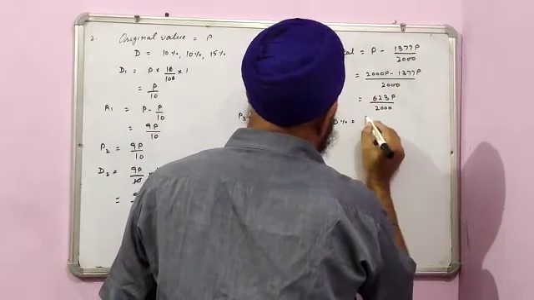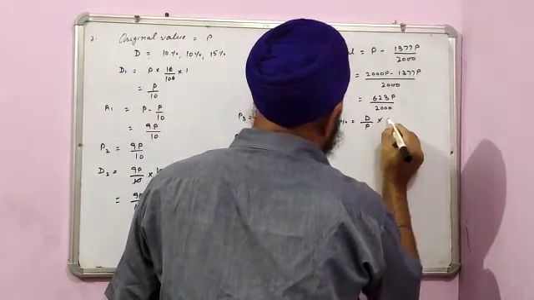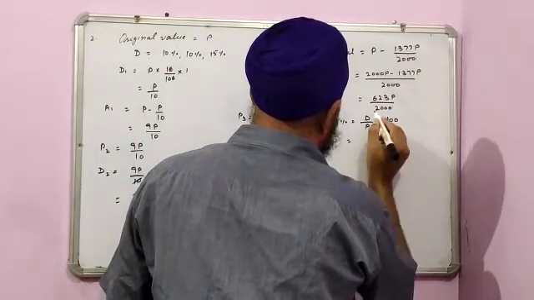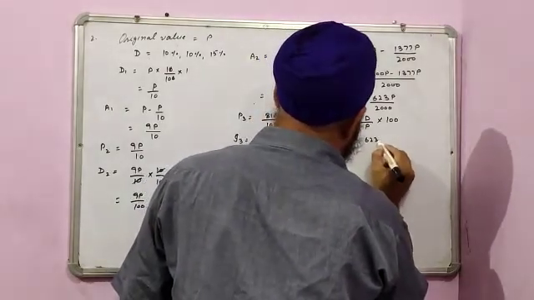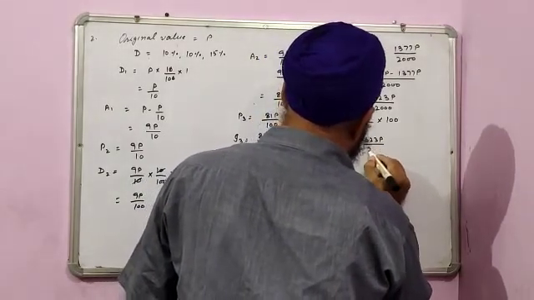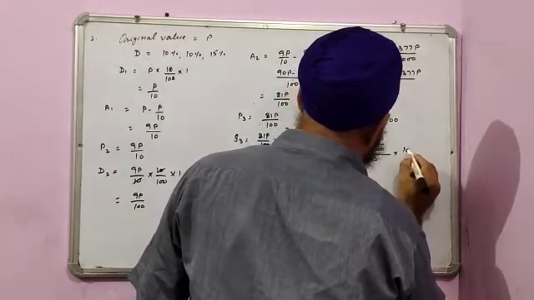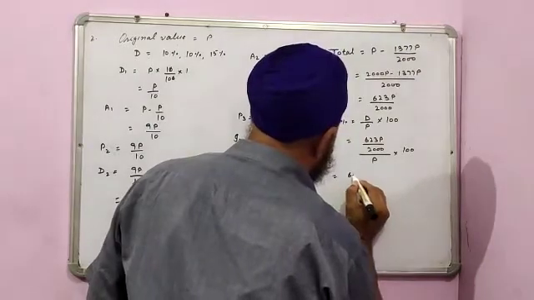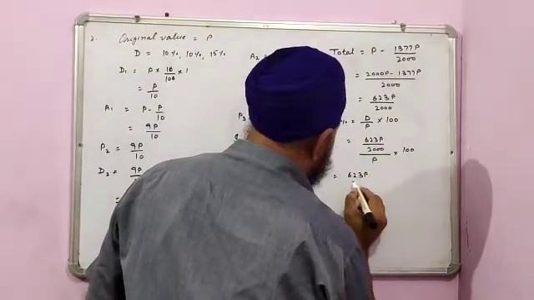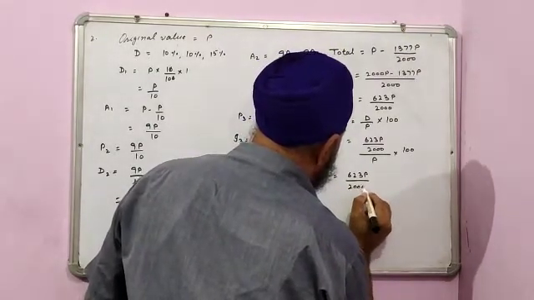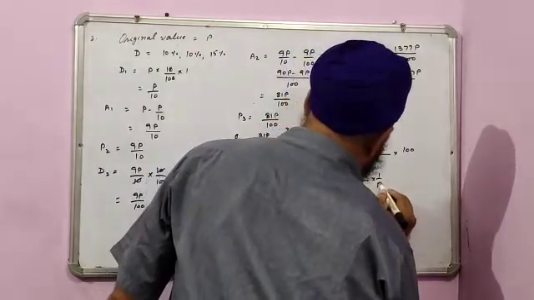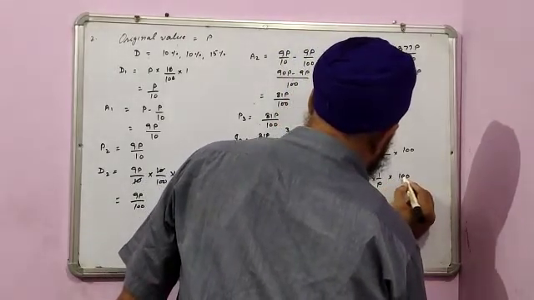Depreciation percent is depreciation upon original value into 100. So depreciation is 623P upon 2000, original value is P, into 100. 623P upon 2000 into 1 upon P into 100.